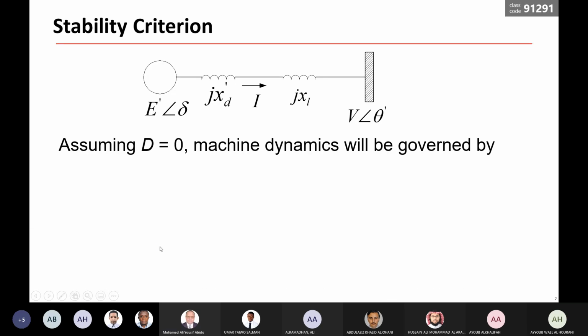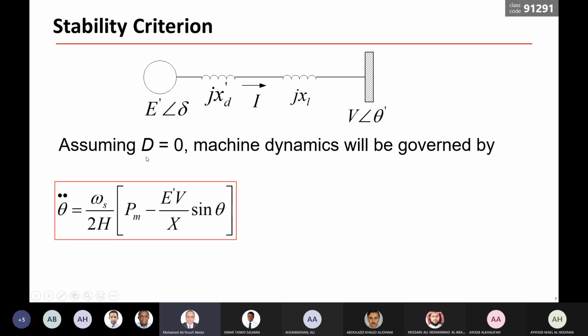Okay, so assume that there is no damping, no friction, no eddy current losses, nothing; the system is lossless. In this case, we can write the swing equation as such. Theta double dot, which is delta double dot also, equals synchronous speed 377 radian per second over 2H, where H is the inertia constant, times P mechanical minus P electrical, and P electrical is calculated as such.